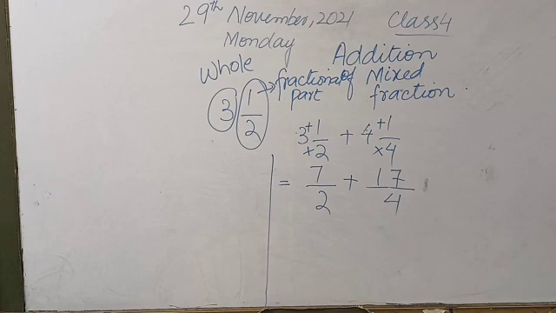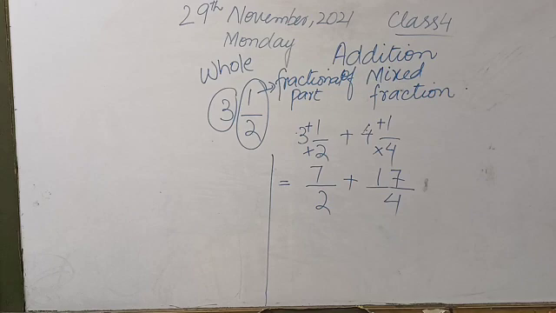ठीक है, अब हम क्या करेंगे? What we will do? We will make the denominator same. अब denominator same बनाने के लिए मैं क्या करूँगी? In first fraction we have denominator 2 and in next fraction we have denominator 4.